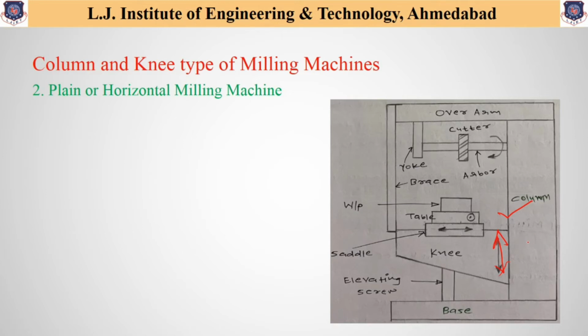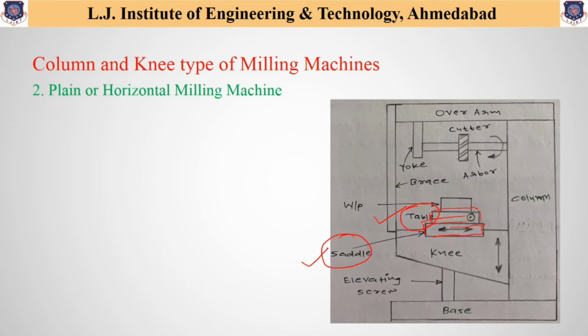With the movement of the knee, the table height, or the distance between the cutter provided over here and the workpiece set over the table, can be adjusted. By operating the screw jack with the help of a hand wheel or power feed, the table height can also be adjusted. And this knee consists of other elements, the first one being the saddle, and the other one the table, which is shown by this box.